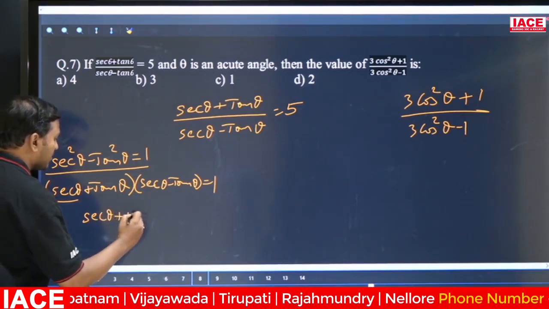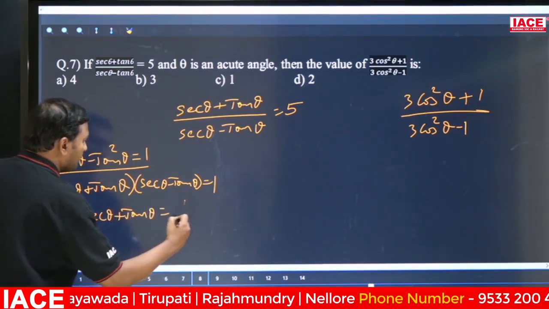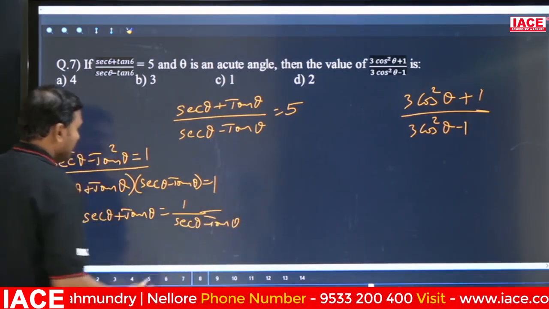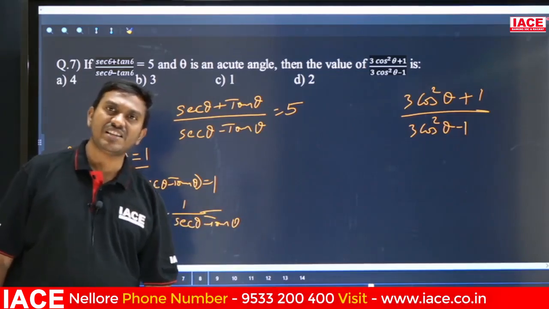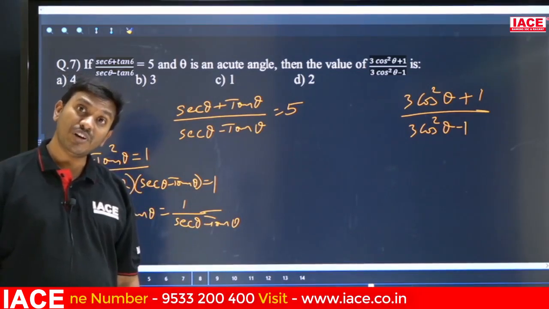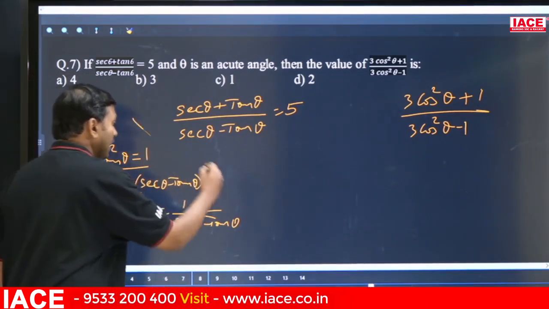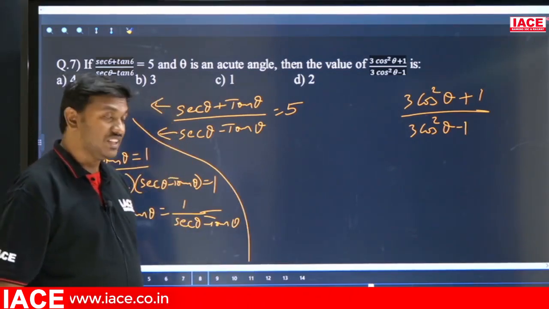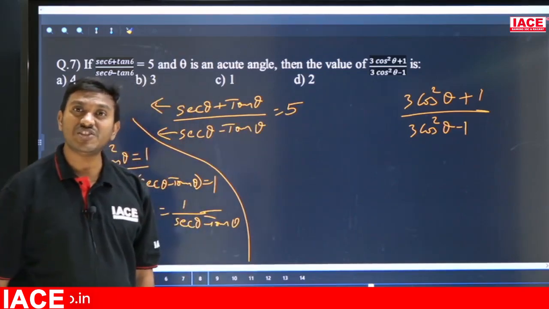That means secant theta plus tan theta into secant theta minus tan theta is 1, means secant theta plus tan theta is always the reciprocal of secant theta minus tan theta, that is 1 by secant theta minus tan theta. Both are reciprocals of each other, and that value is equal to how much? 5.